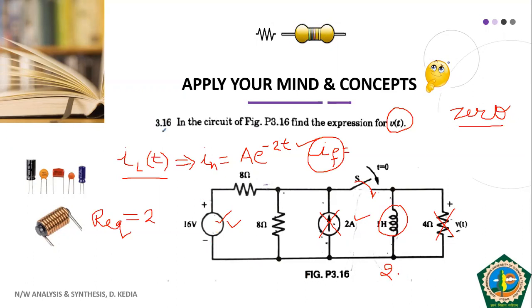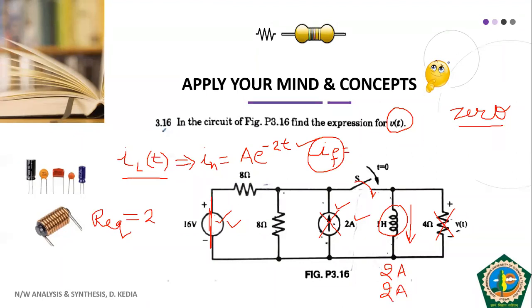I'm telling you beforehand, I'm not solving it now. You try it on your own. Once we do that, in the next step of superposition theorem, we will short this, and now we will apply this 2 ampere current source. So if we do that, the value of current through this inductor will again come out to be 2 ampere.